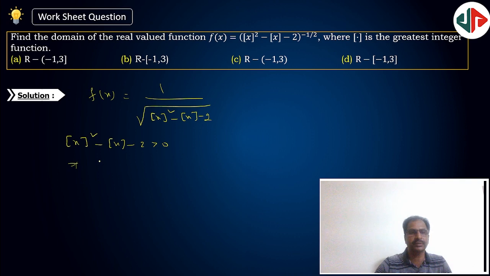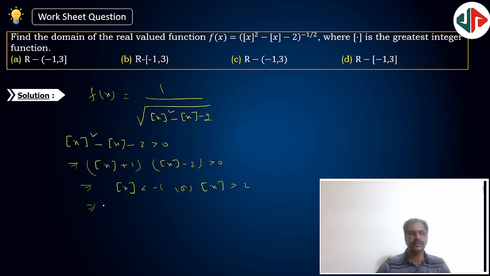If you write factors, you get step x plus 1 into step x minus 2. If x minus alpha and x minus beta are greater than 0, then step x will be less than minus 1 or step x will be greater than 2.